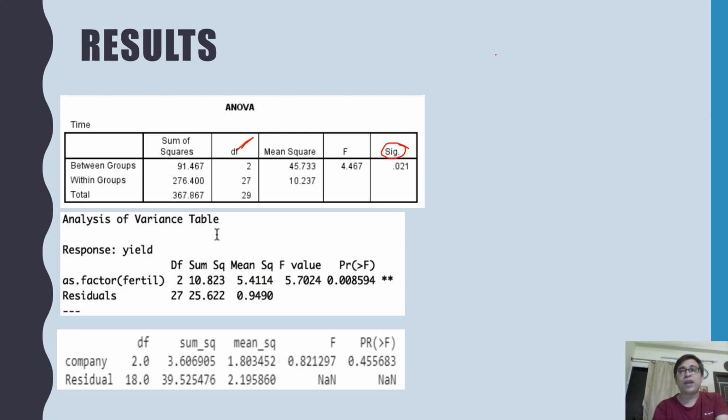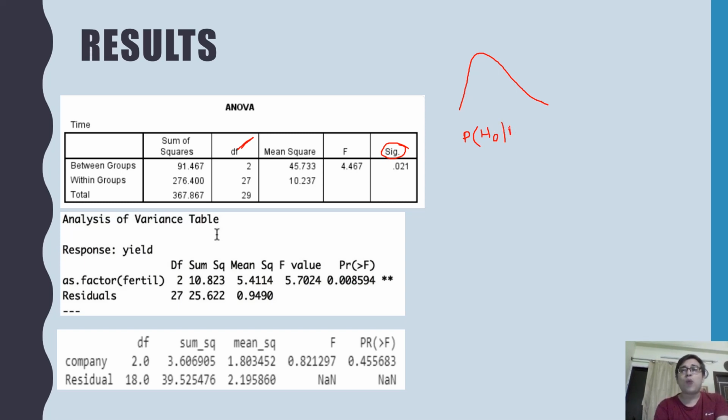For one-way ANOVA, that probability distribution is an F distribution. This significance value is your p-value. And what is the p-value? The p-value is the probability of the null hypothesis being true given the data.